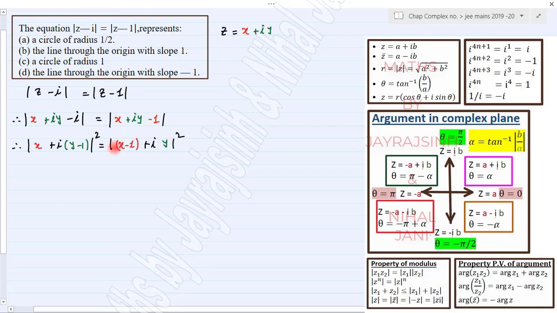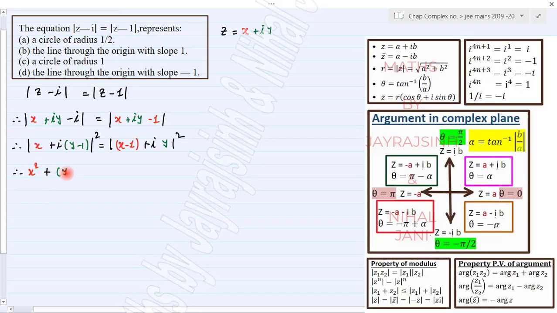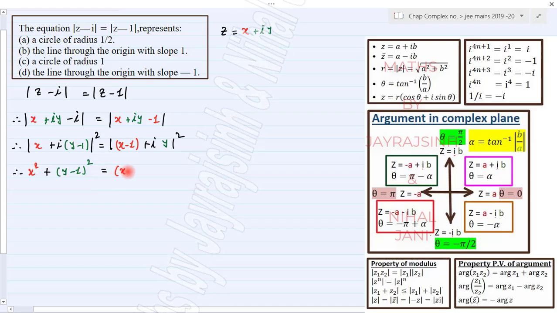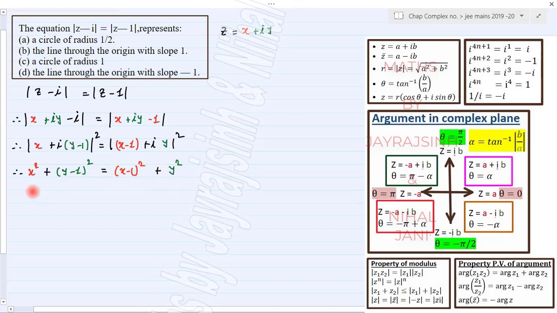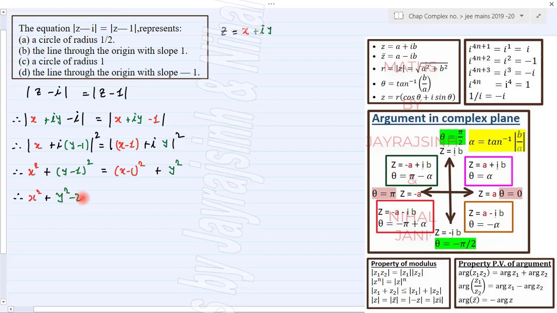Now, take a square on both sides and find out the magnitude. We'll get real part square plus imaginary part square is equal to x minus 1 the whole square plus y square. Now, for further simplification, you have to expand the bracket. So you'll get y square minus 2y plus 1.